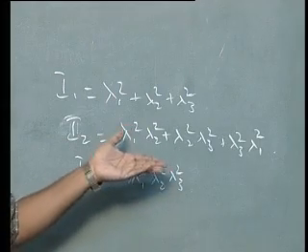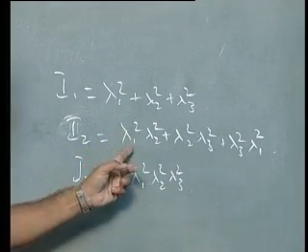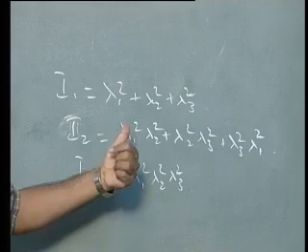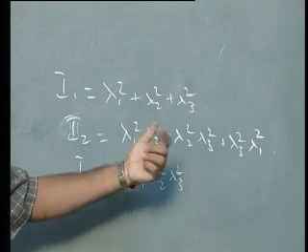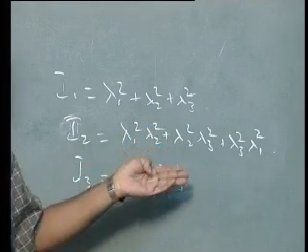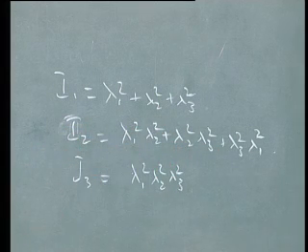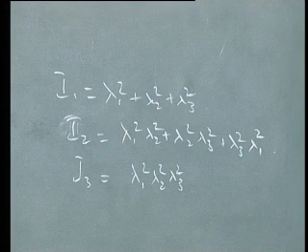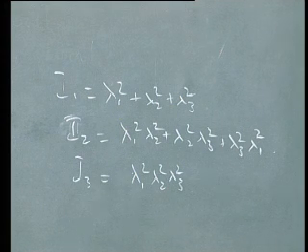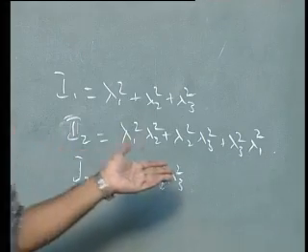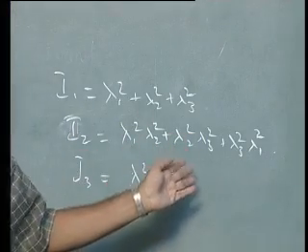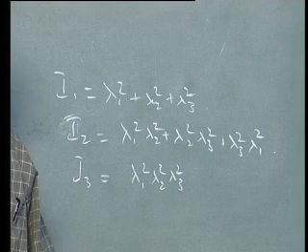Some of the textbooks, like Wood, express this as lambda 1 power 4 plus lambda 2 power 4 plus lambda 3 power 4. So if you see this in a different form, don't worry about it. That's another form of writing the second invariant. It won't be different because that can also be shown to be an invariant. You have to know some invariant theory to say that.